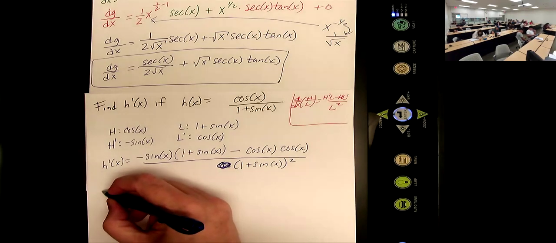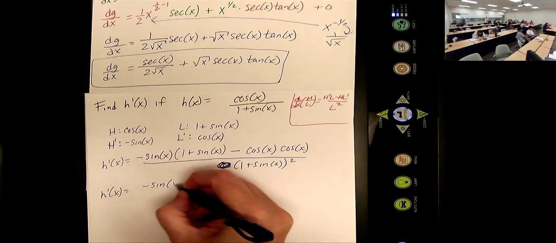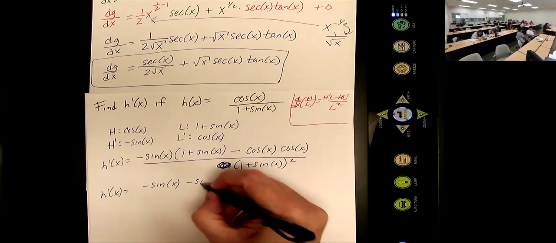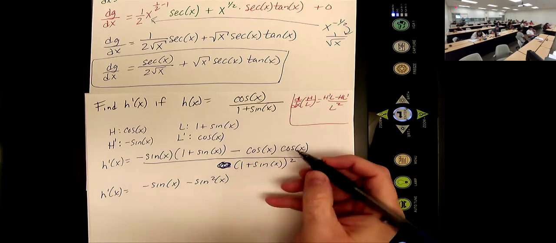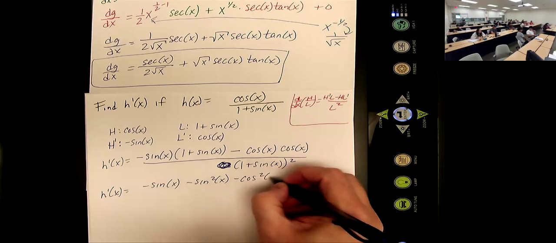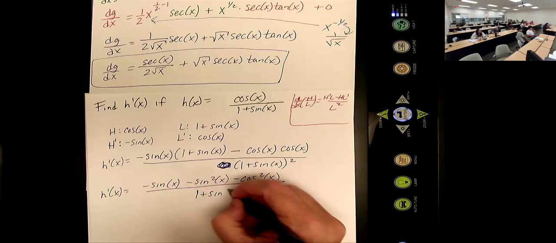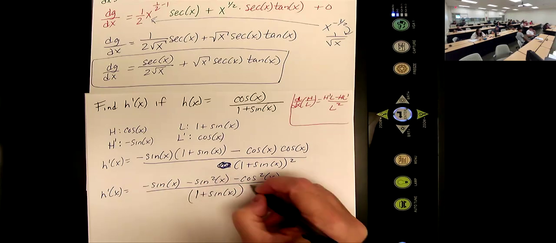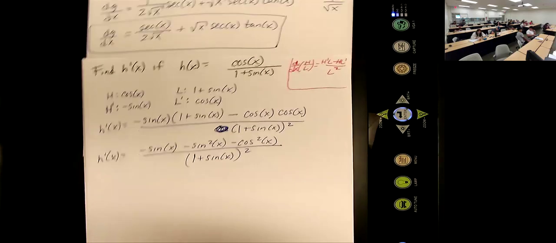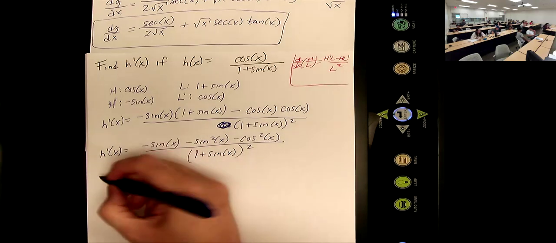So if we distribute, I've got negative sine x minus sine squared x, and we'll put the two cosines together to make cosine squared x, over 1 plus sine x squared. Those are all negative, so I'm gonna factor out the negative.